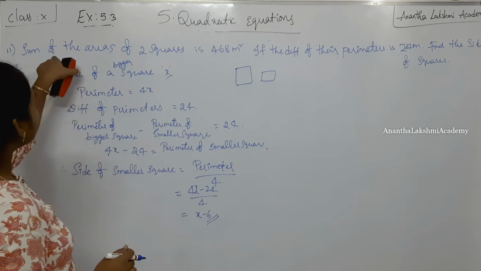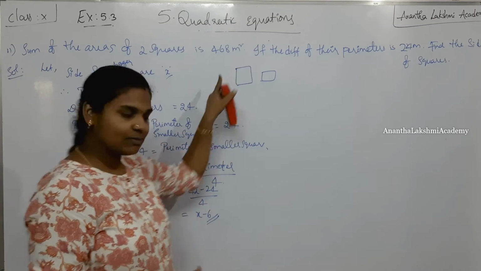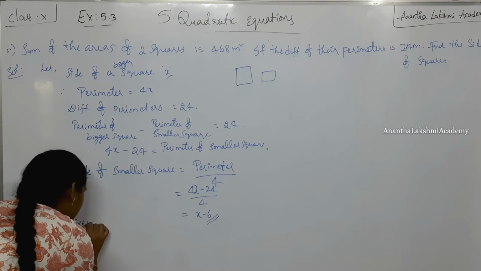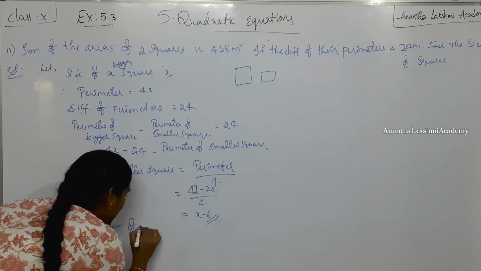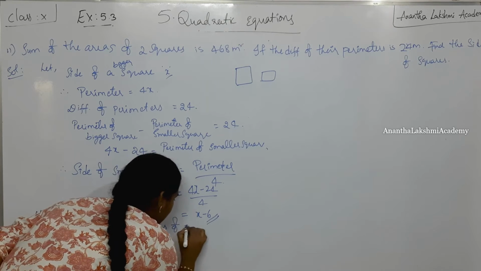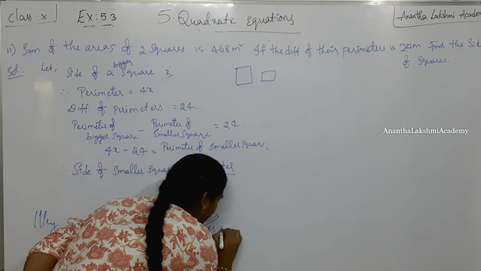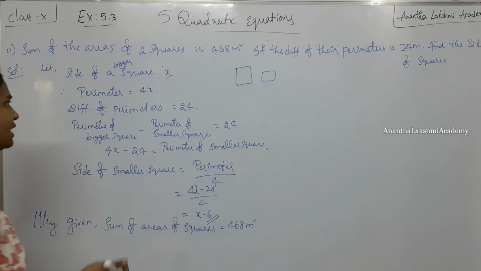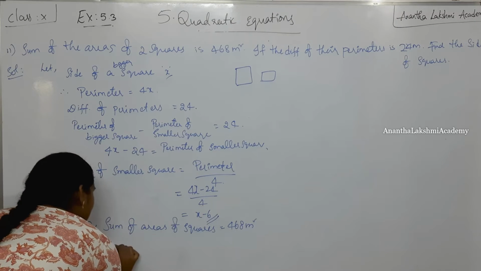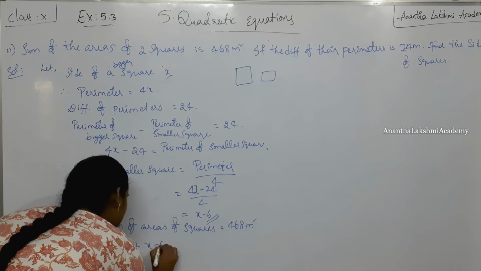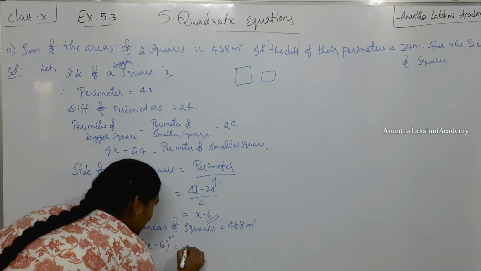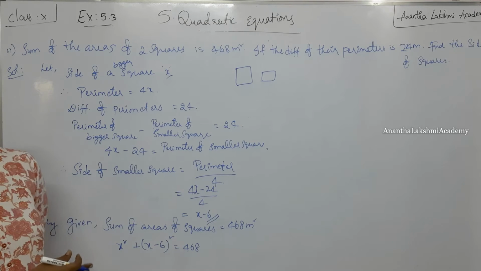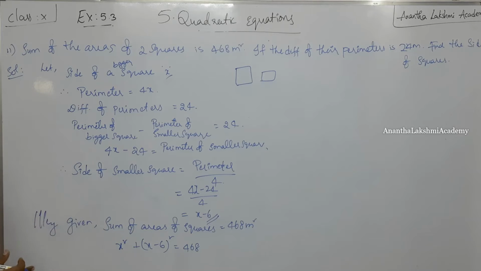So what is given? Sum of the areas of the two squares is 468 meters square. Similarly, sum of areas of squares is equal to 468 meters square, which is nothing but, what is the formula? Side square. Side square of the bigger square is x square plus x minus 6 whole square is equal to 468.